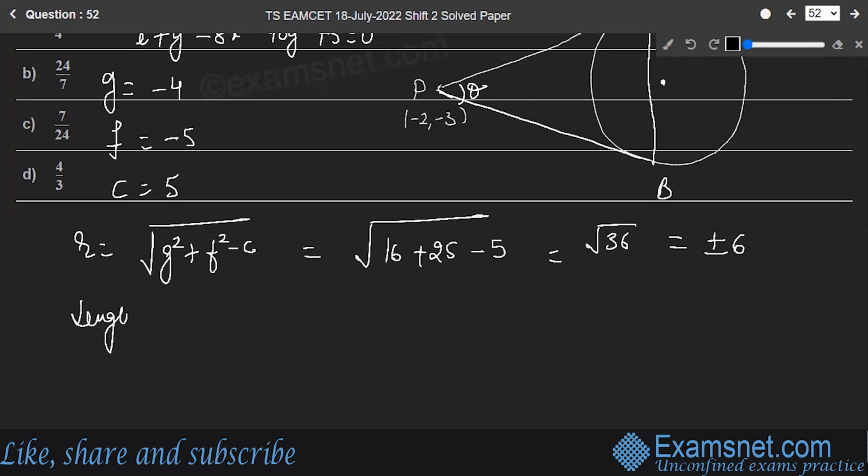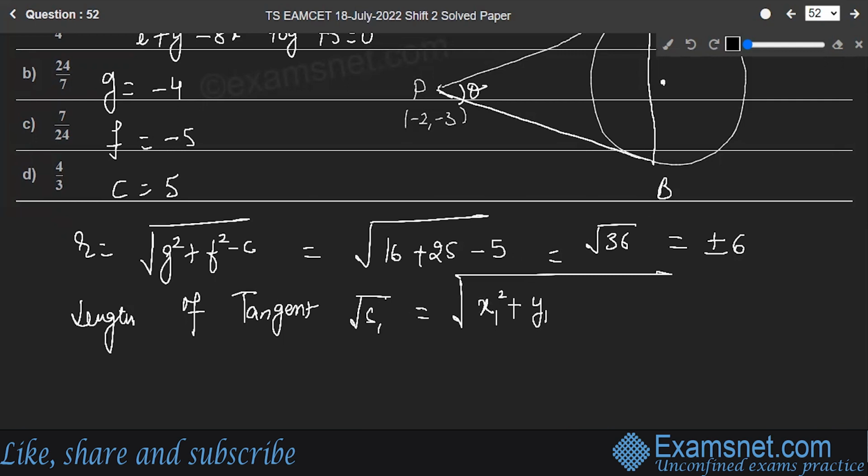Now, the length of the tangent is given by root of S1. I'm taking the length of the tangent; the formula, please note down. S1 is given by x1 square plus y1 square plus 2g x1 plus 2f y1 plus c. So here x1, y1 is minus 2, comma, minus 3.